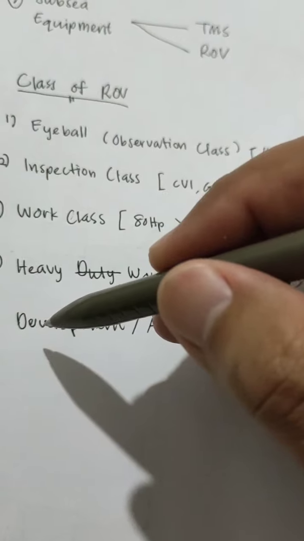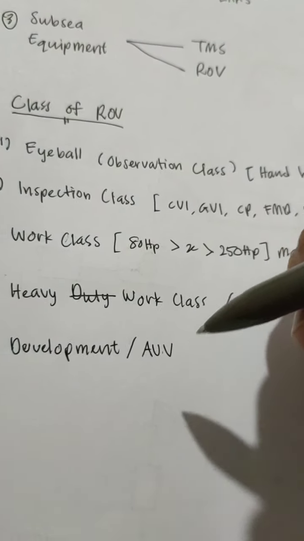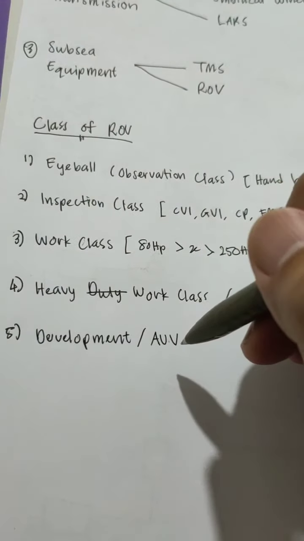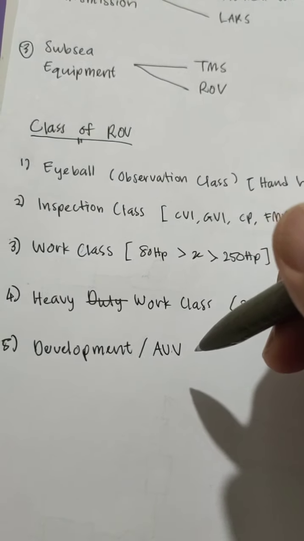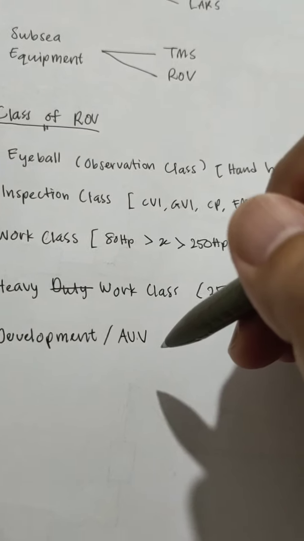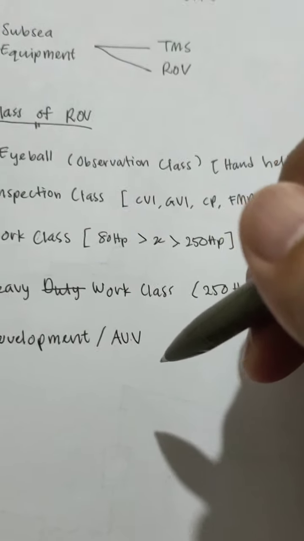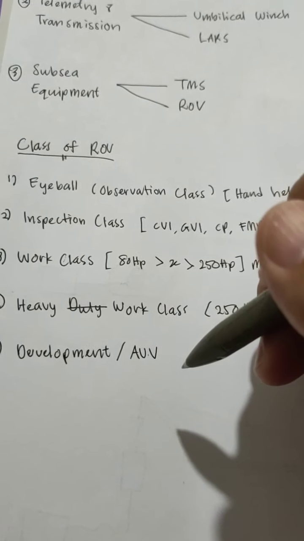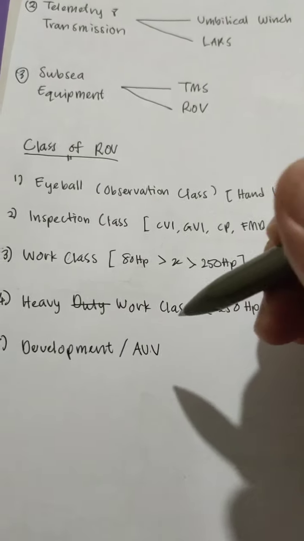And the last one is development AUV. The characteristic is that it is manned. This ROV can cater a man inside the ROV.